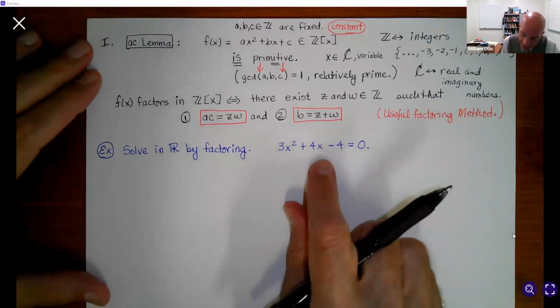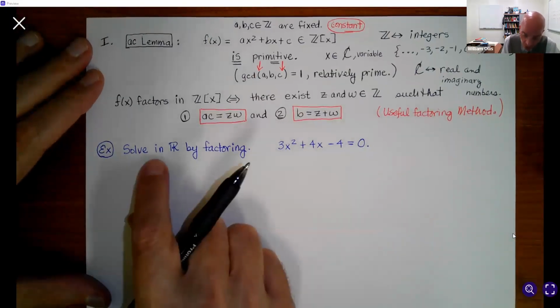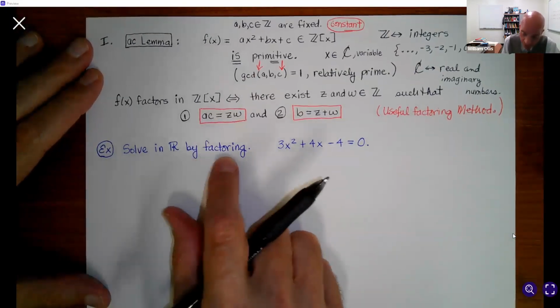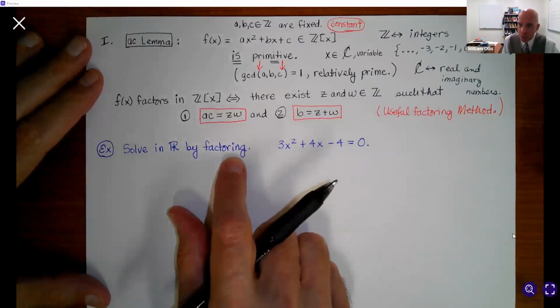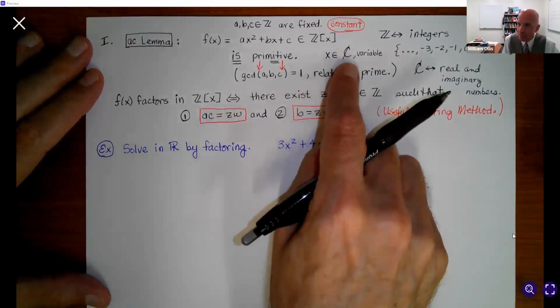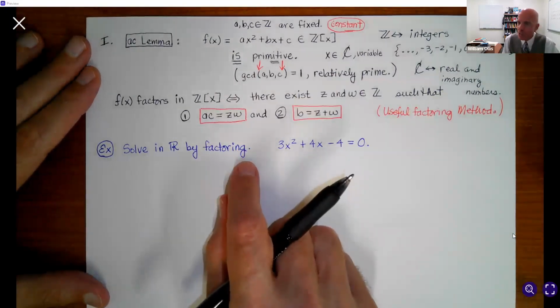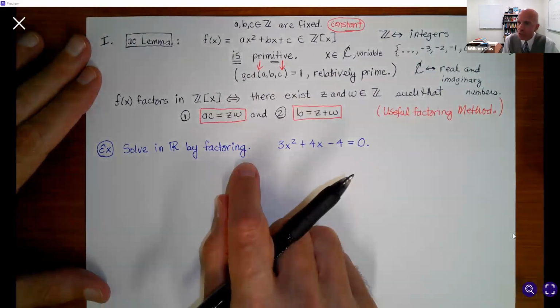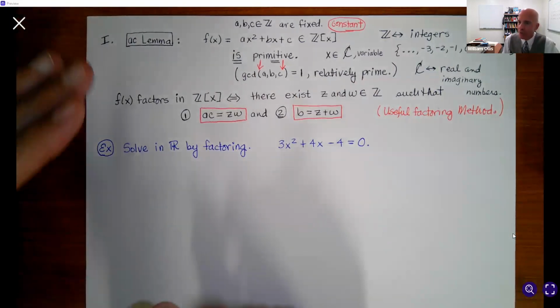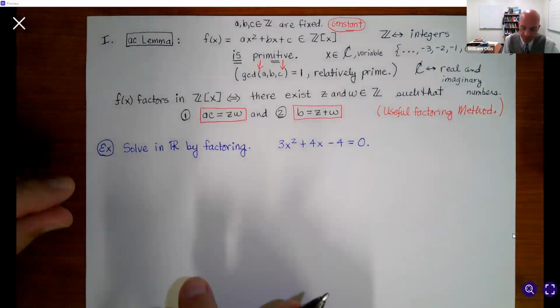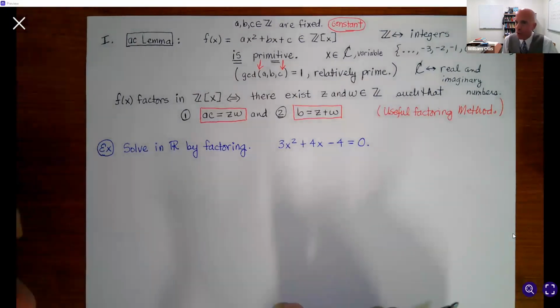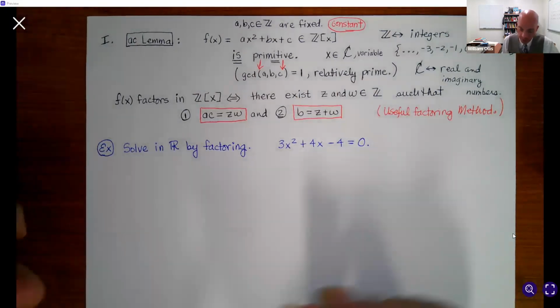So let's apply this method here and solve in R by factoring. Now, of course, as we've stated here, x can be imaginary, but in this section, we will try to stick to the values of x that are actually real. And then in the next section, we'll venture into the interesting problems where x can take on imaginary values.